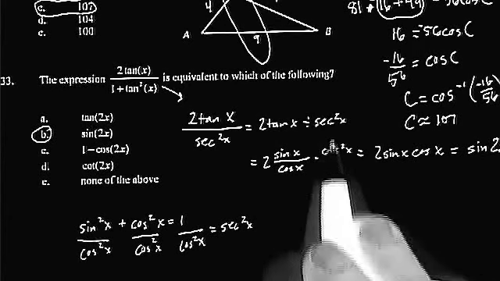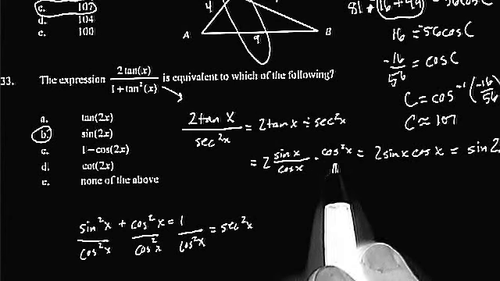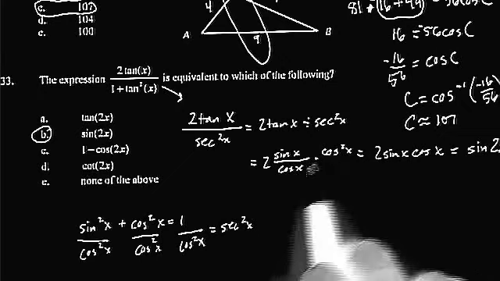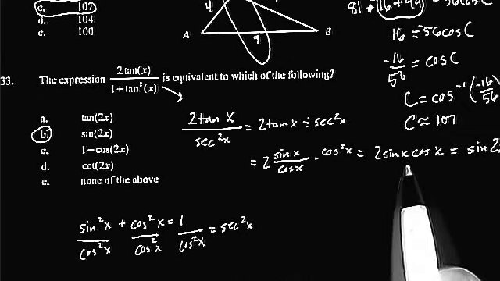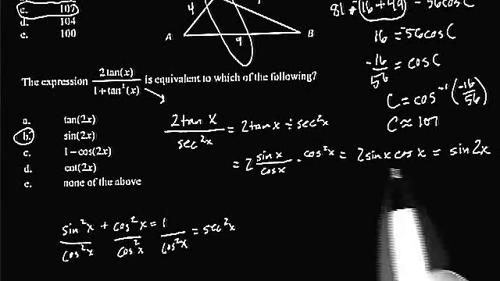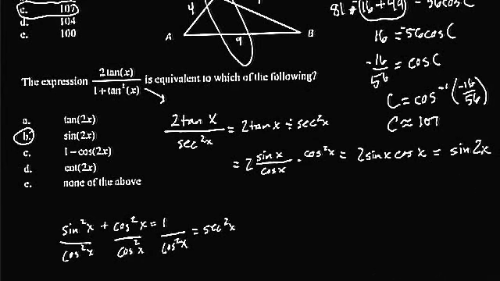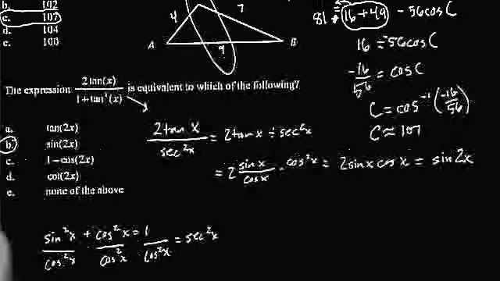And the reciprocal, obviously, of secant is cosine. Well, so one of the cosines is going to get eliminated, and that's 2 sine x cosine x. But we know that better as sine 2x. That's one of your properties in your trig identities. So look up trig identities.